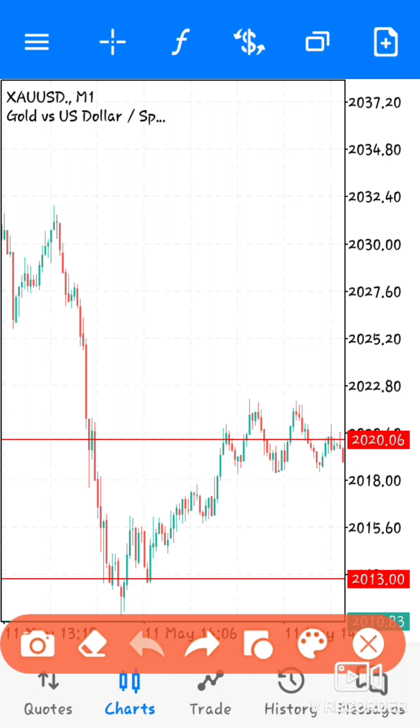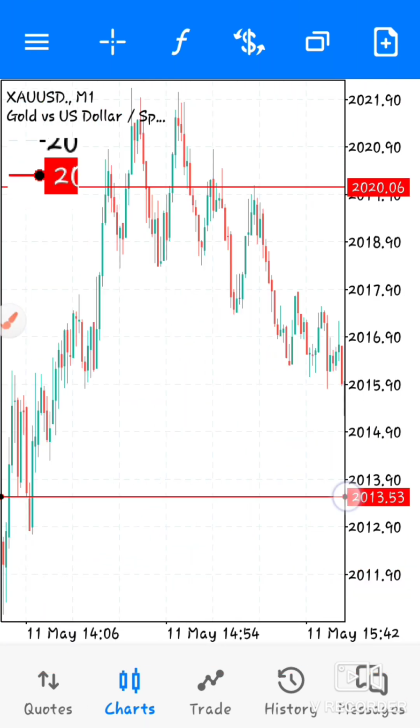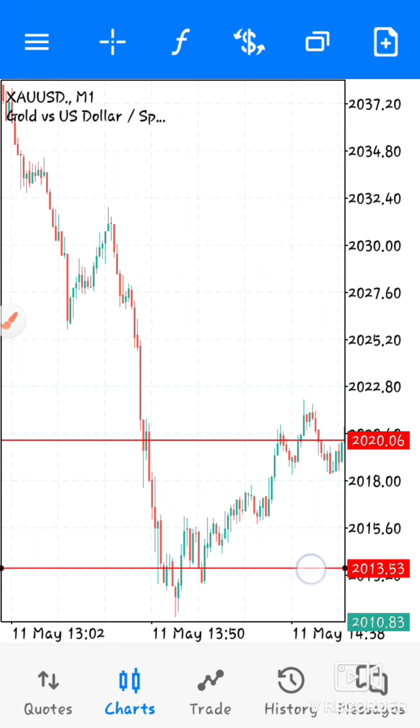All right, so here is the third entry. We didn't have it happen here, but the third entry pattern is this.